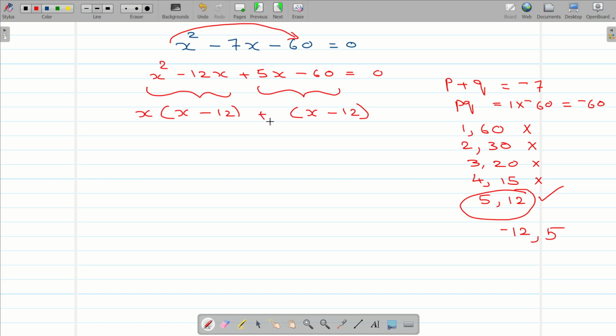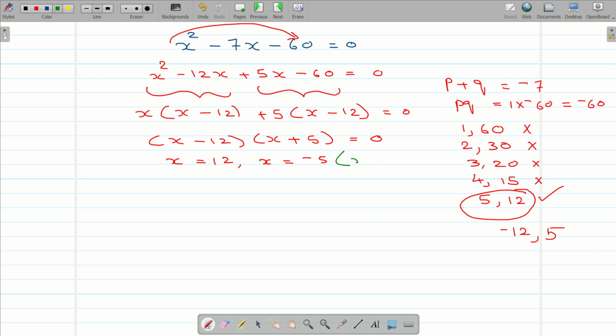For that I have to take plus 5 outside. So x minus 12 into x plus 5 is equal to 0. That means x is equal to 12, x is equal to minus 5.